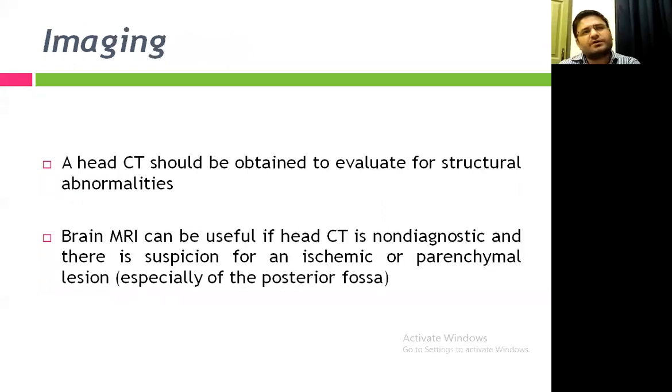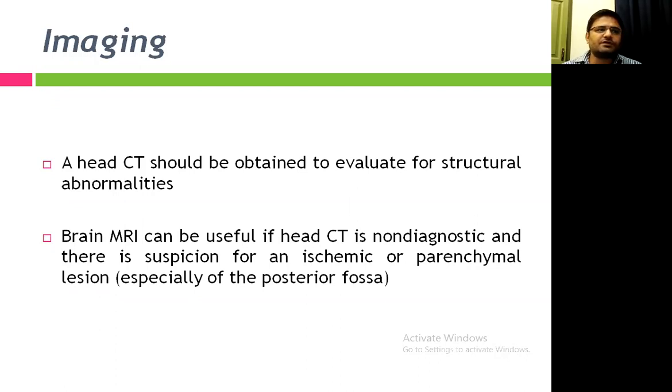For imaging, if you are suspecting a localizing brain lesion, such as subdural hematoma, extradural hematoma, subarachnoid hemorrhage, brainstem lesions, or brain infections, then you order a CT scan first. A very important thing is don't order MRI in emergencies, because CT scan is cost effective and a very rapid diagnostic, whereas MRI takes time and is not available everywhere.